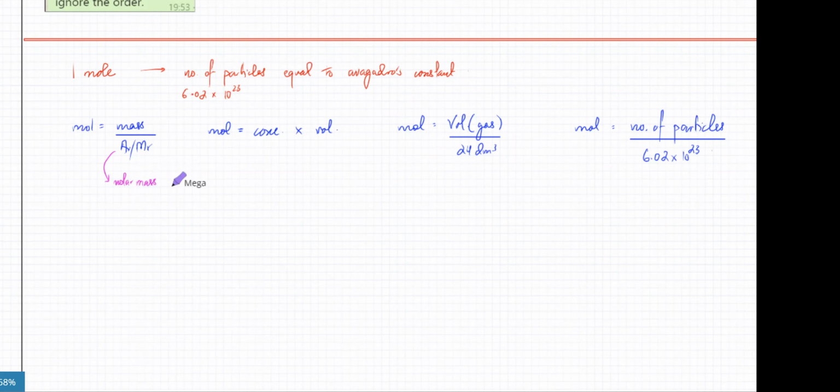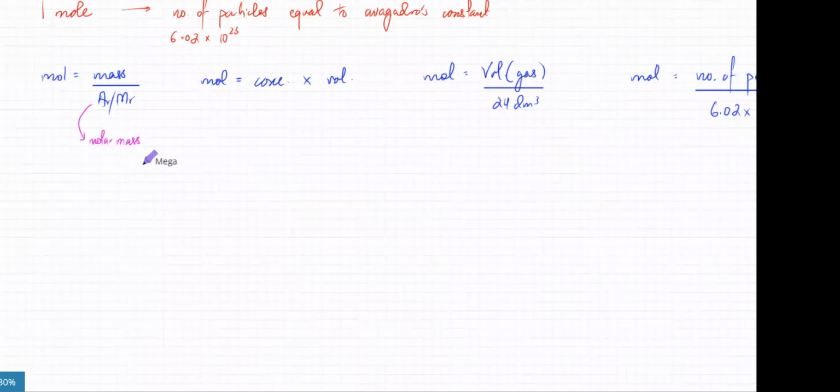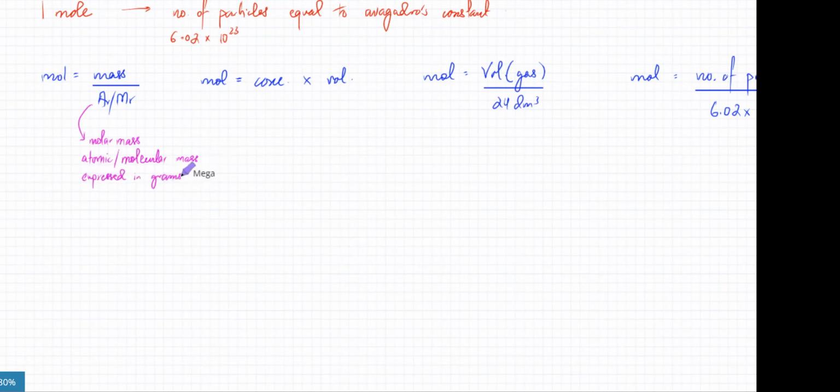It's simply the atomic or molecular masses expressed in grams. Hopefully everyone knows how to calculate AR or MR.